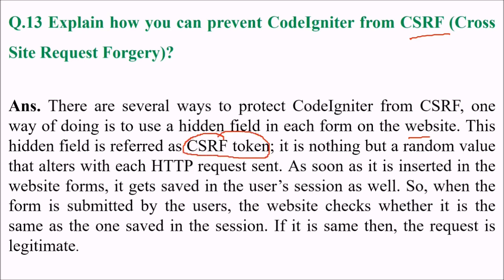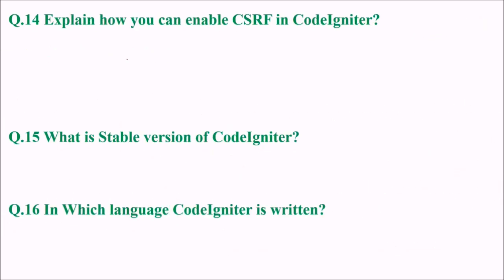It is nothing but a random value that changes with each HTTP request sent. As soon as it is inserted in the website form, it is saved in the user's session as well. When the form is submitted by the user, the website checks whether it is the same as the one saved in the session. If it is the same, the request is legitimate, otherwise not.